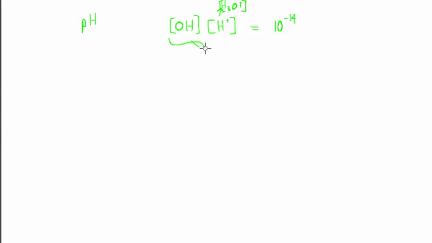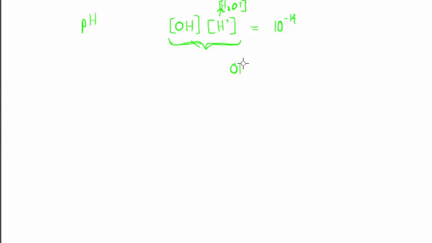Sorry, it's not just in water, this will always be true. When you take hydroxide times hydrogen, you will get 10 to the power of -14, no matter what you put inside a water solution.